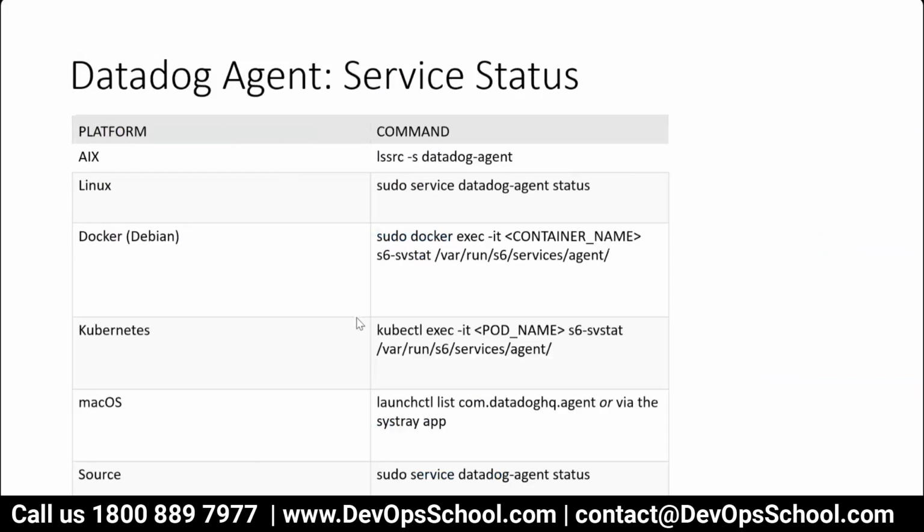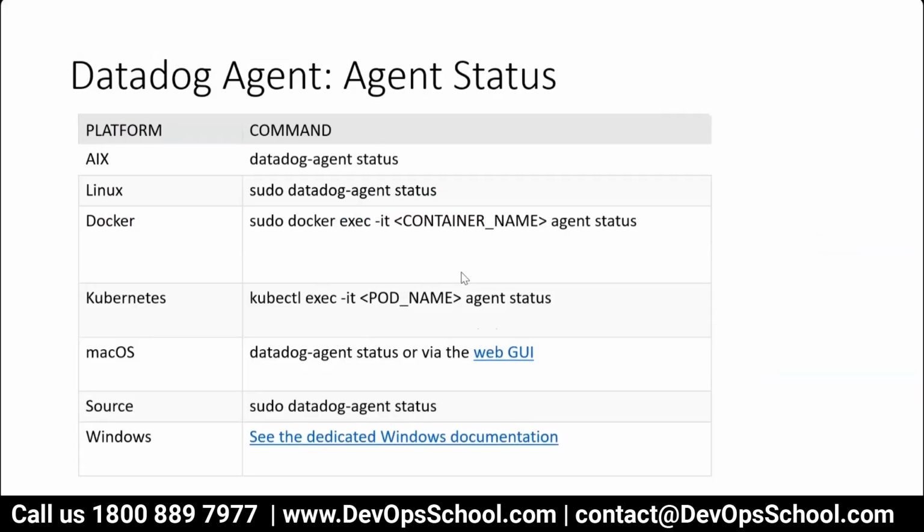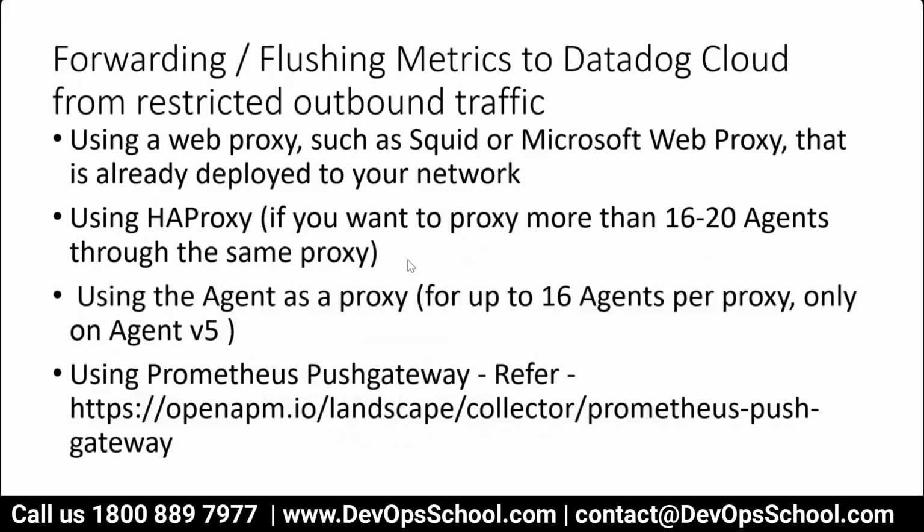The Datadog agent can also run as a container. So you can deploy it in containers or Docker pods also. You can create an agent for that. These are the commands which can do the stuff on the different platforms. Also, let's say the agent cannot publish the metrics to Datadog directly because outgoing internet is not allowed.